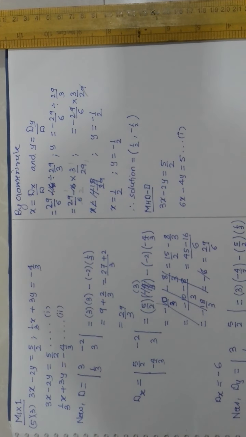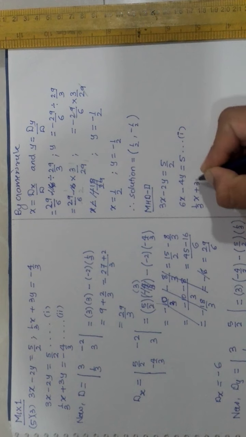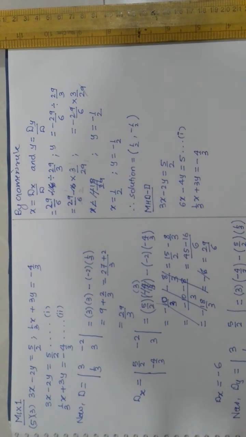Then the next one, 1 by 3x plus 3y is minus 4 by 3. This 3 is present here as the denominator, here also denominator. I showed you yesterday that if you have denominators, find the smallest number which we can divide both of them. So 3 is the smallest number, so I am multiplying throughout by 3.